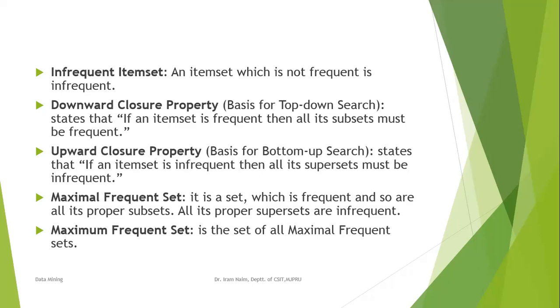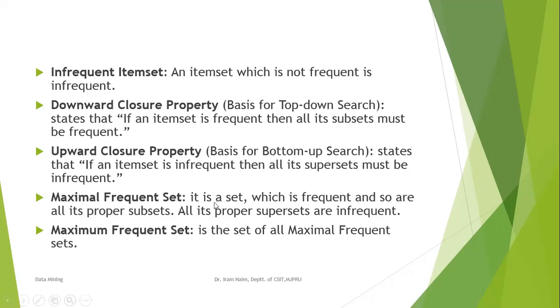Now all the subsets of a frequent set are frequent. Okay. So there is a kind of line. If you imagine any diagram, there is a kind of line, and that line is called your maximal frequent set. This is the last subset. Maximal frequent set क्या होगा?